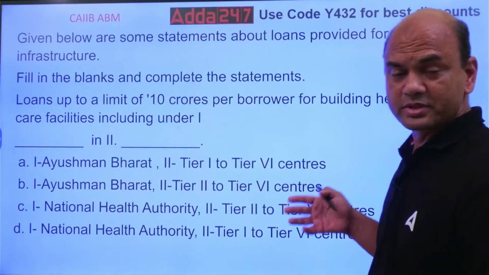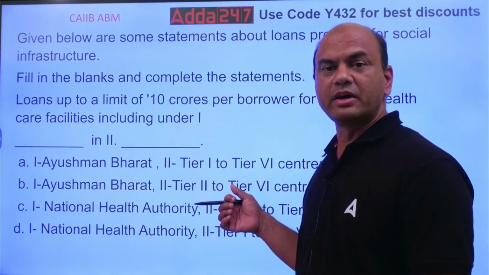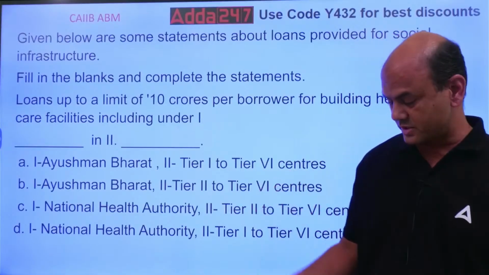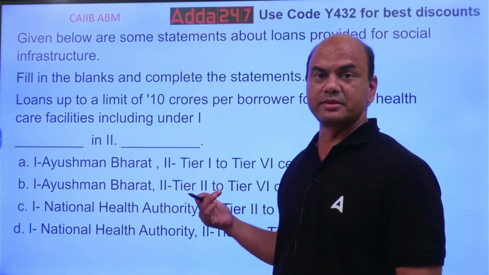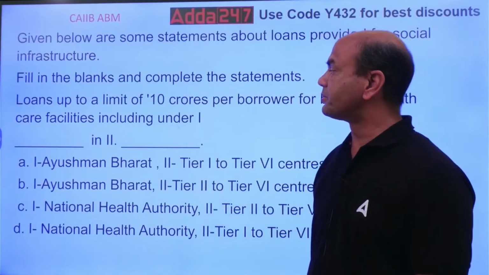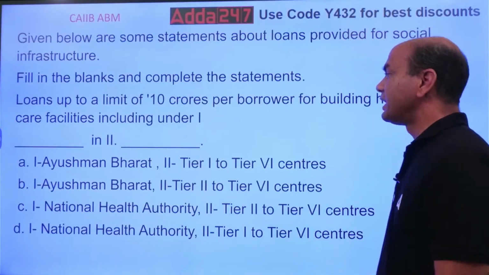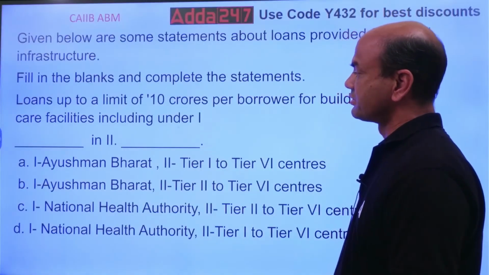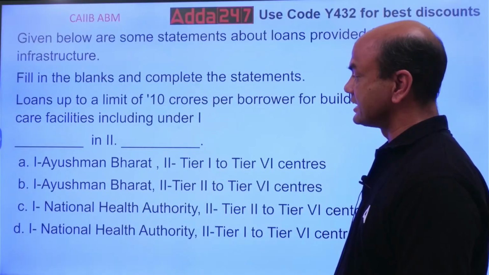Such types of questions can come in the exam. Nowadays they have started using questions without options, so this can come in the exam also. Loans up to limit 10 crores per borrower for building healthcare facilities, including under dash and in second is dash.